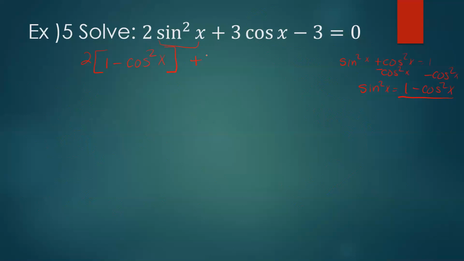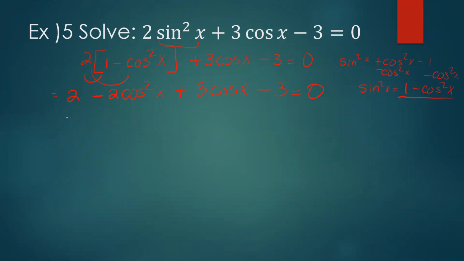So this is plus 3 cosine of x minus 3 equals 0. Then go ahead and distribute and simplify. So 2 times 1 is 2. 2 times negative cosine square x is negative 2 cosine square of x, plus 3 cosine of x minus 3 equals 0.